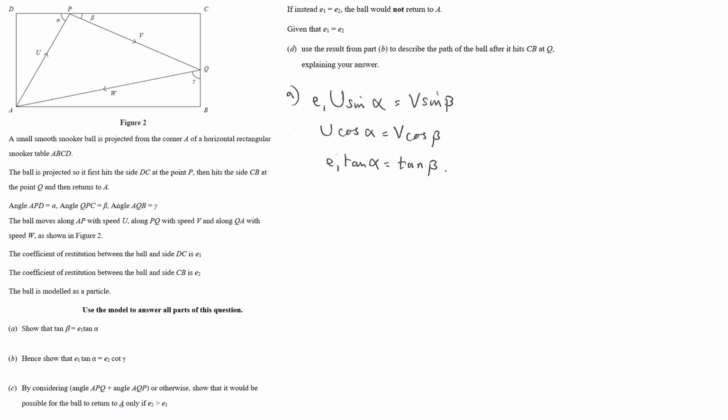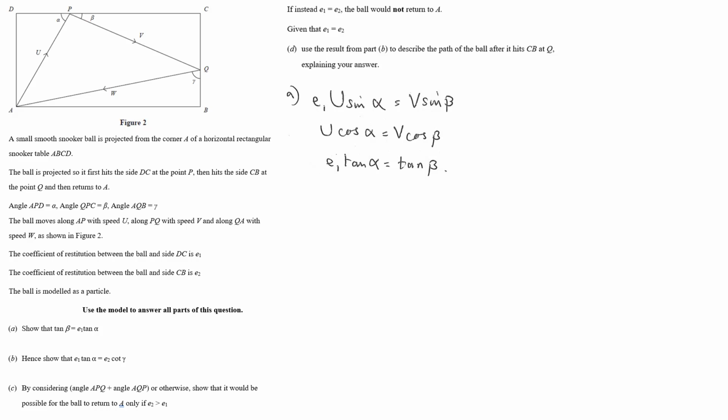And then I've divided that top equation by the second equation, and I've got E1 tan alpha is equal to, so the U's cancel, and on the other side the V's cancel, and that was what we wanted. So that's part A done.